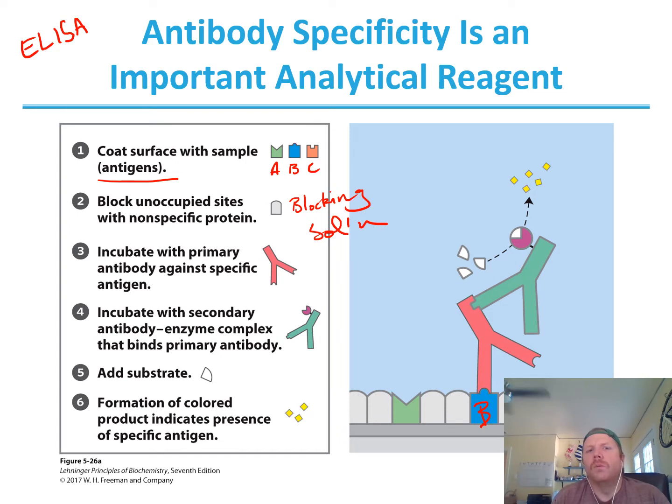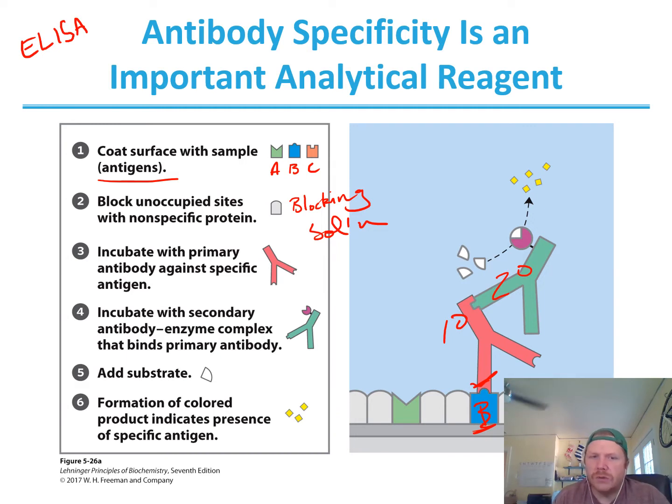So what we are doing is probing for the presence of molecule B, and probing to determine whether or not our antibody is functional. So long as antigen B is present, the primary antibody will bind to antigen B. If that primary antibody is present, our secondary antibody will bind to it, and that secondary antibody has an enzyme that is covalently linked to it.